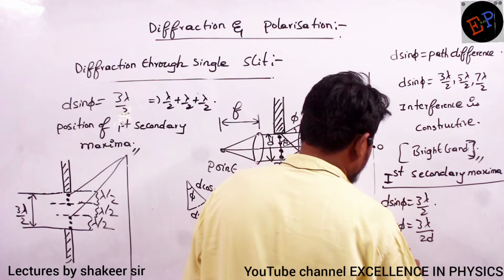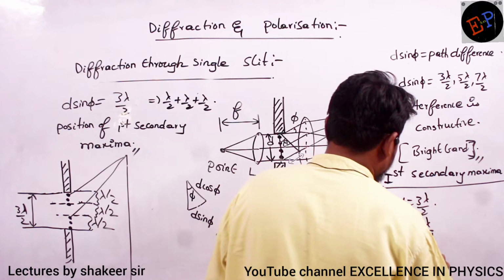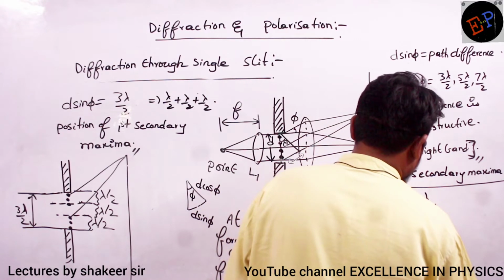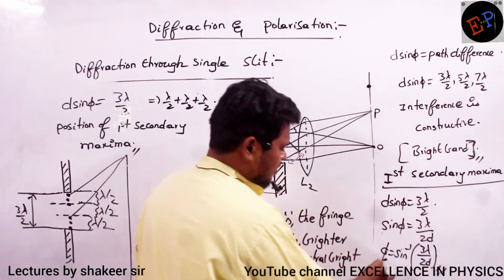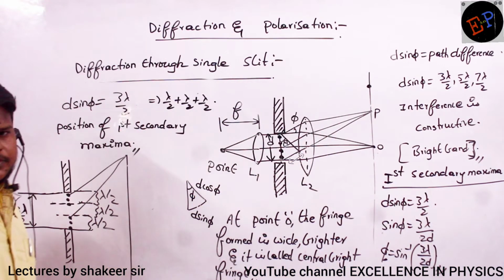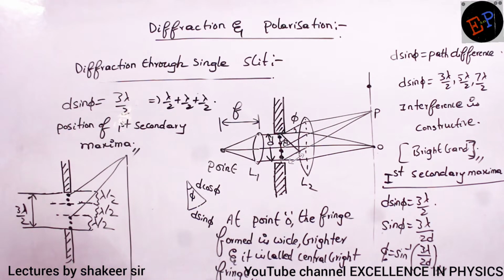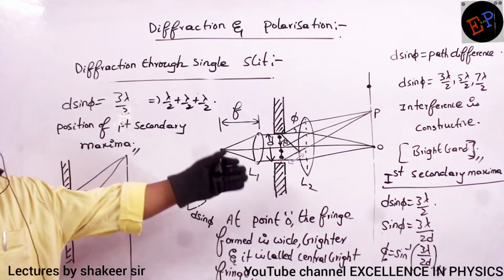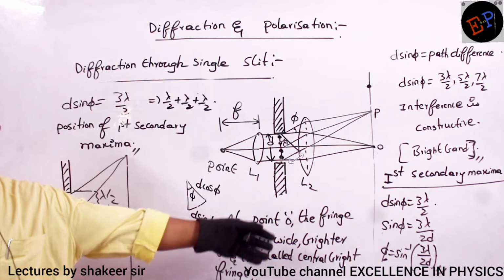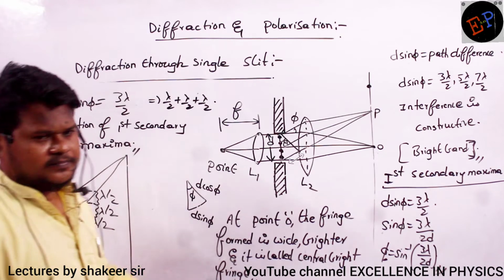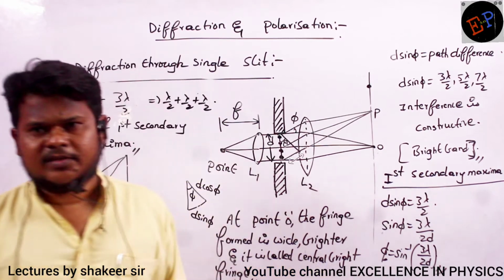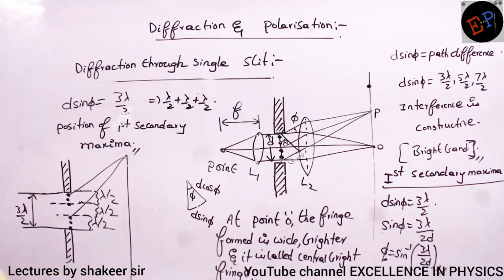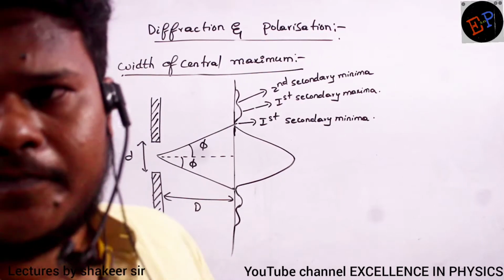Therefore, phi is equal to sine inverse of 3 lambda by 2d. So at this angle, I will get the first secondary maxima. Like this, you can calculate second secondary maxima, third secondary maxima angles. You can go and calculate, and questions can be asked on this. Okay? Write down.